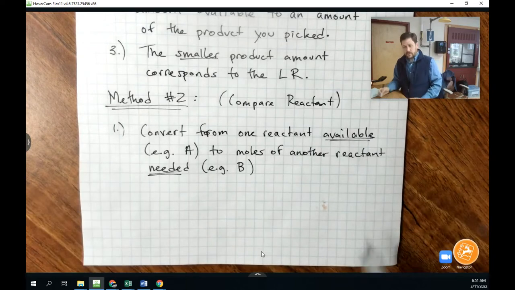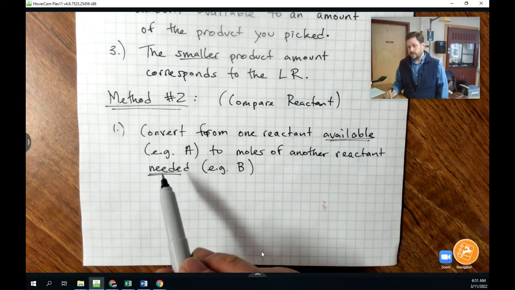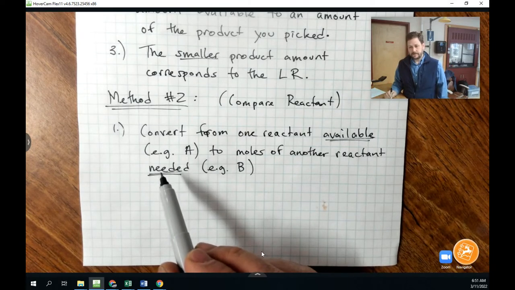And notice we're starting with an available amount that might be given to us in grams, and we're converting to a needed number of moles.